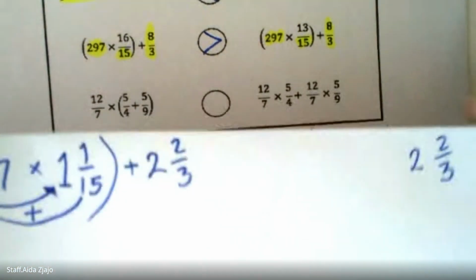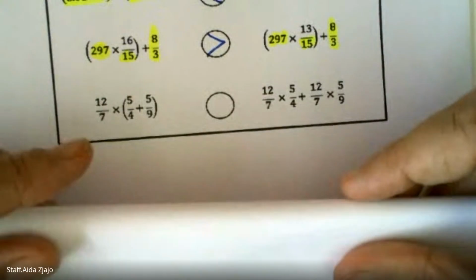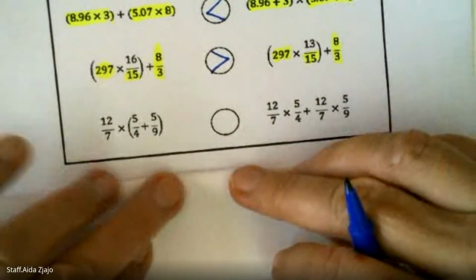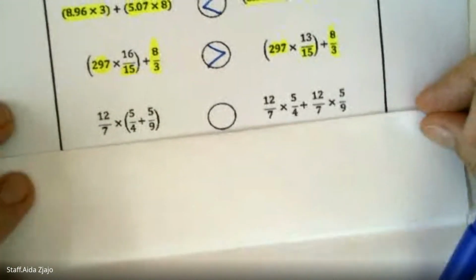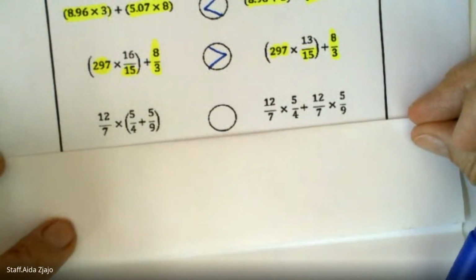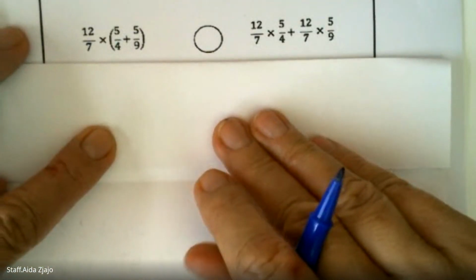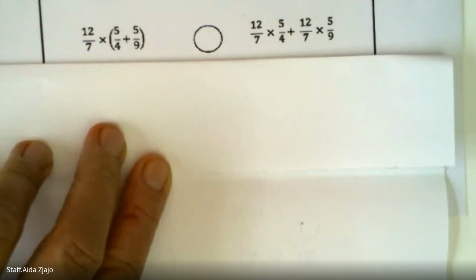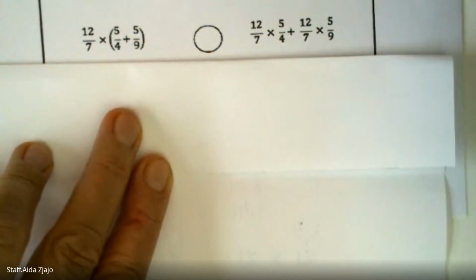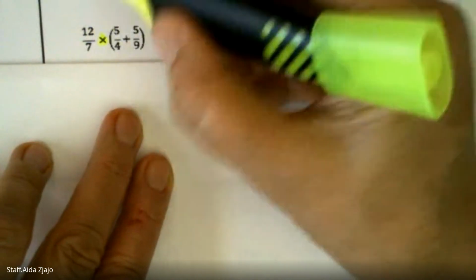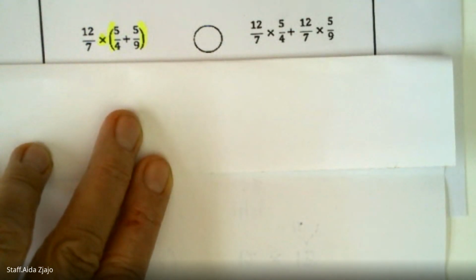All right. And the last one is this. When you look at this, the very important thing is that you notice this is multiplication and that is the distributive property.